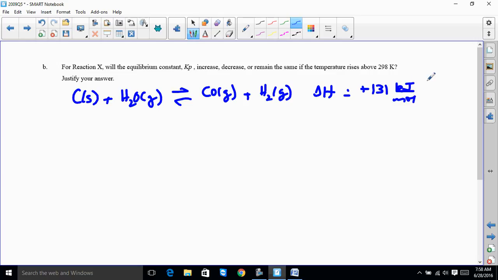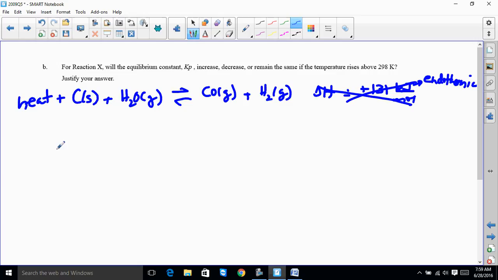But it's positive, which means it's endothermic, and remember, endo sounds like into. Another way of thinking of this is that you have to put heat into the reaction. Heat is a reactant, not a product. So in exothermic, heat is produced, and so heat is a product. In endothermic, heat is needed to go into the reaction to get it to go.